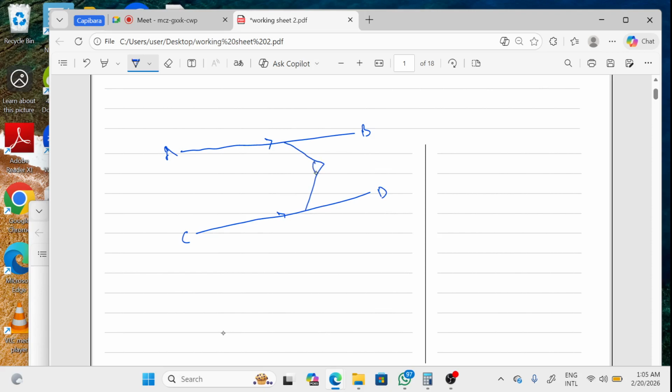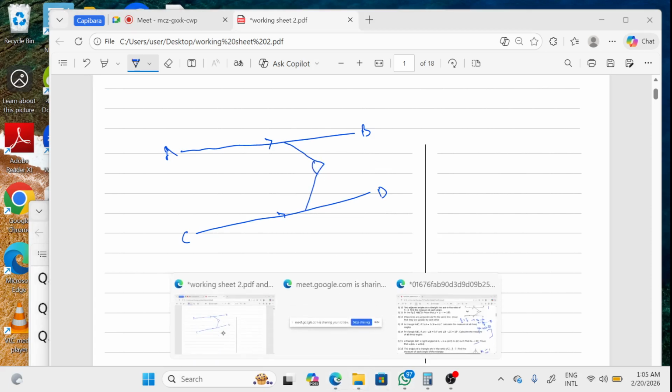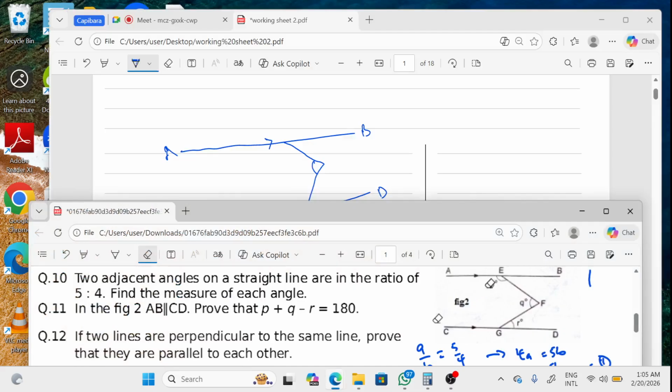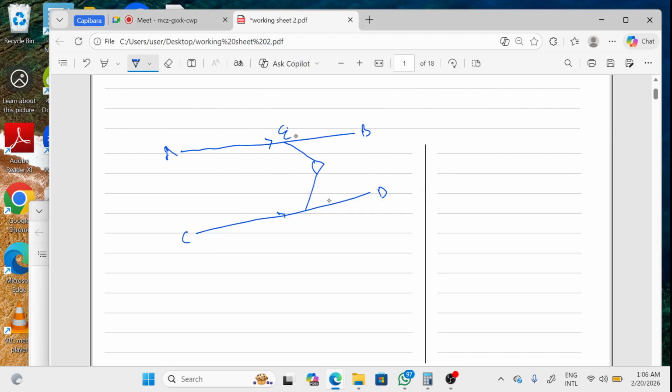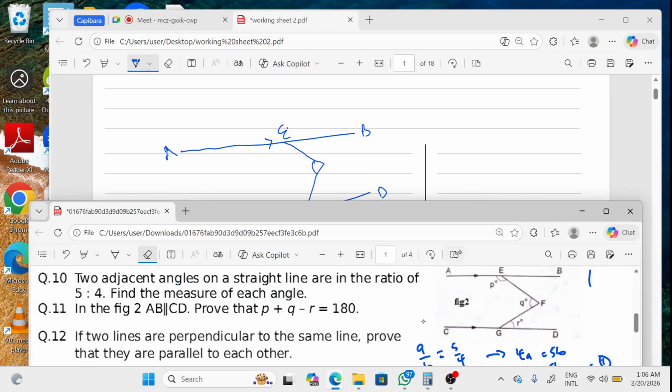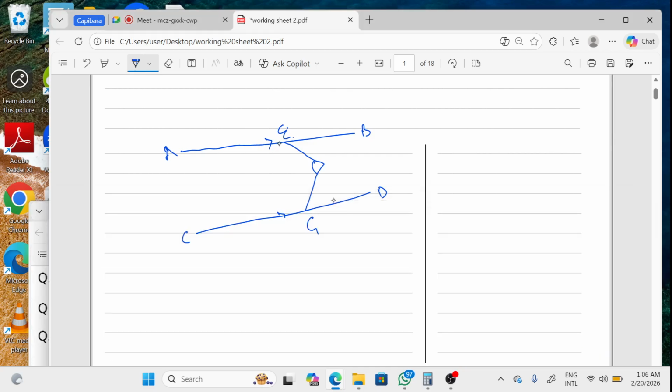Then at this point we have EG in the middle, right? So here we have E, and here we have G. Now we also have PQR. So here we have P, here is Q, and here is R.